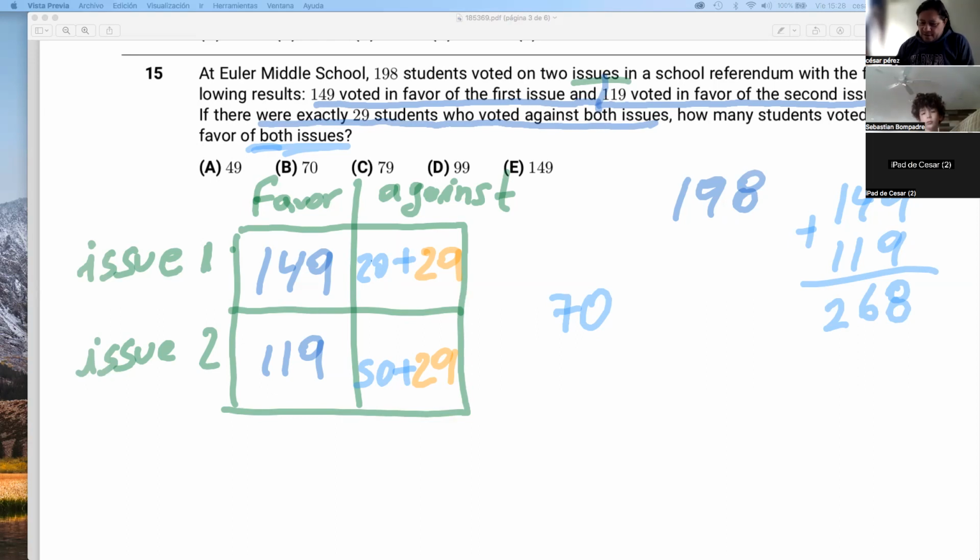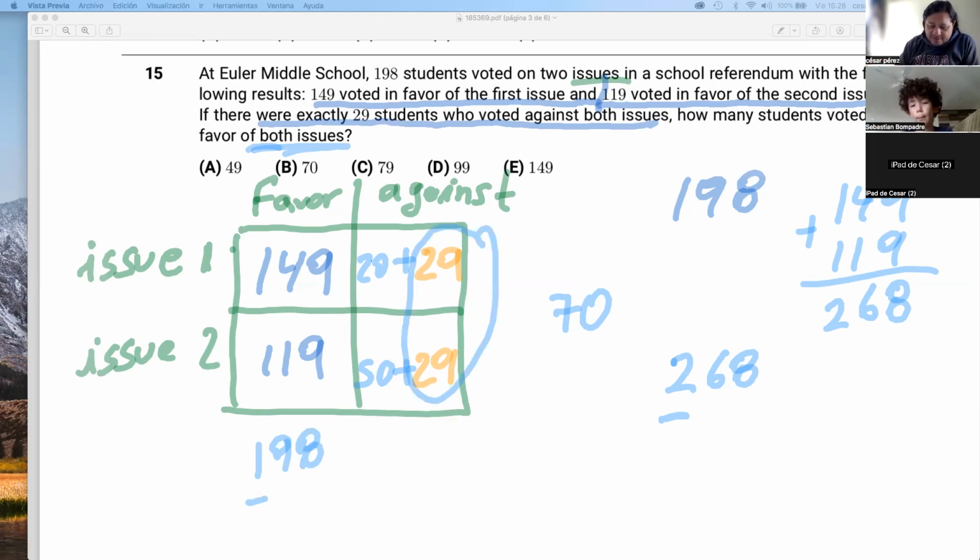Okay, I think that we only need to subtract. Yes, because we have 198 students, but we have 29 that voted against both. So we will have here 169.